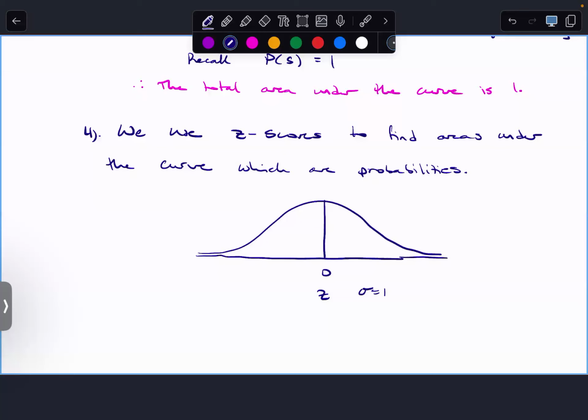We don't need to know what, I can't even come up with examples, a normal centered on 19 with a standard deviation of 2 looks like, versus a normal with a mean of 19 and a standard deviation of 3 would look different, right? And so if we just standardize all our values, then they're all going to be on this standardized curve.